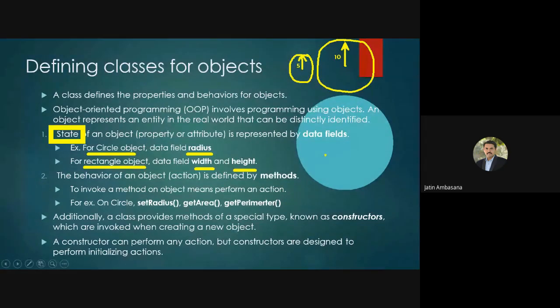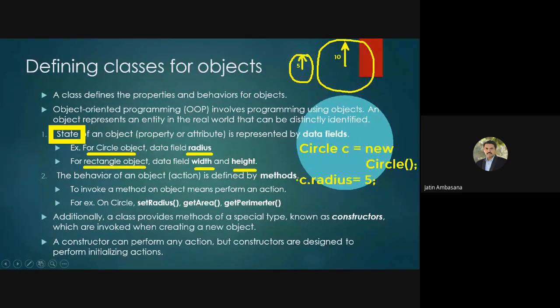It might even happen that you make the same circle object go into different states. For example, you say Circle c equal to new Circle. Here you create a circle object. Now suppose you say c.radius is equal to 5.